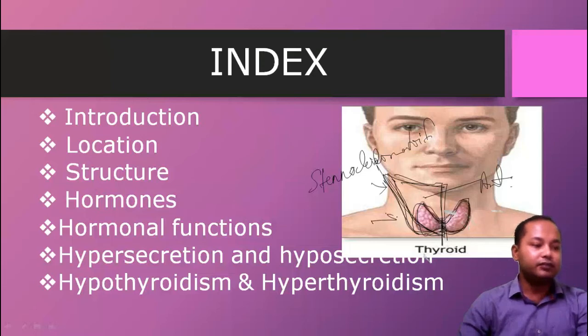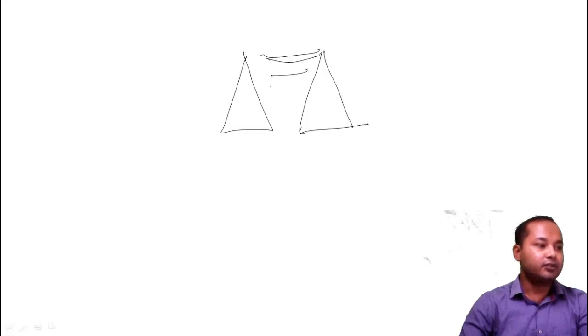When you consider the structure of the thyroid gland, you have to say that it is a conical structure. I have drawn two cones on either side of the neck, and suppose these are the cricoid rings. This is somewhere the area of the cricoid rings.